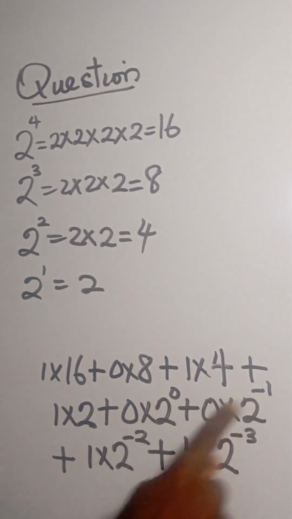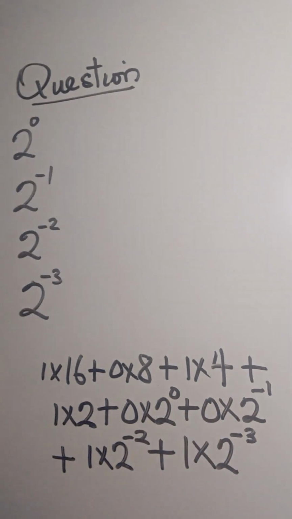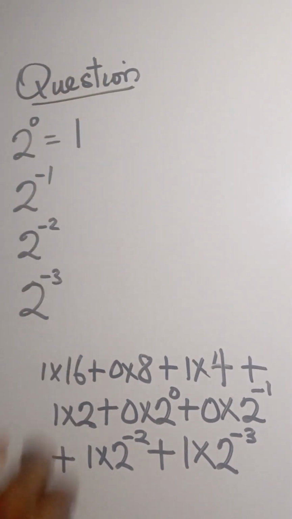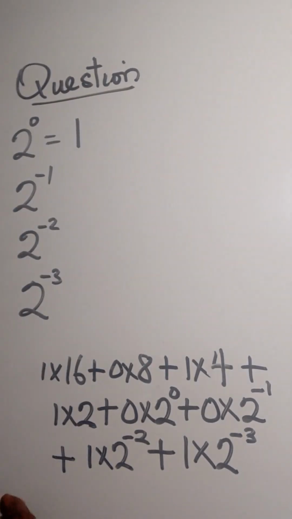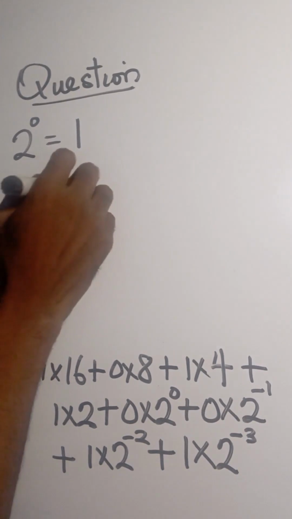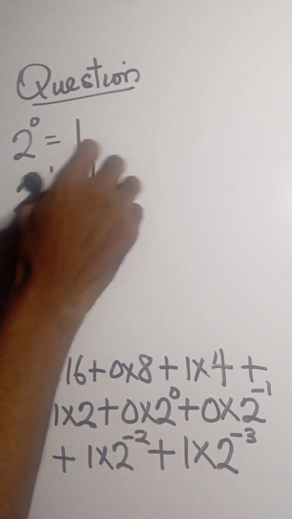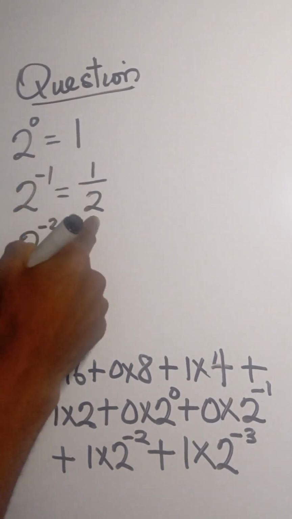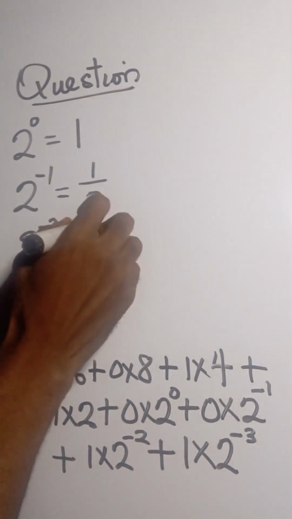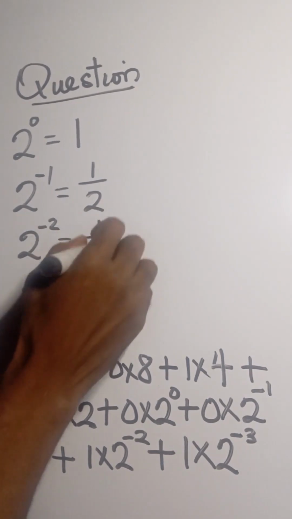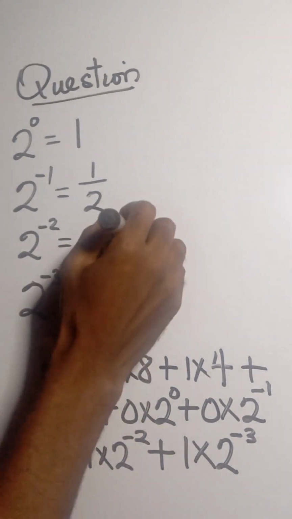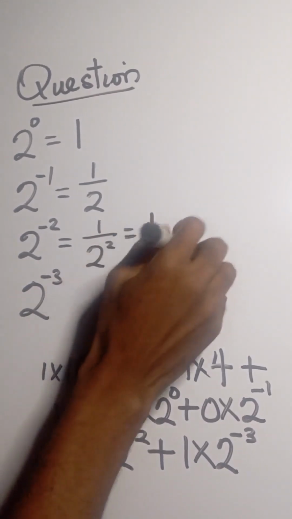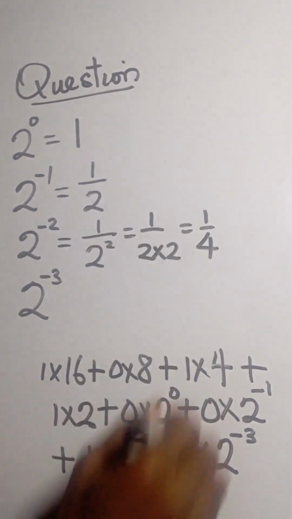Now we try the zero power and the negative powers. 2 raised to power 0, from the law of indices, means 1, because anything raised to power 0 is 1. What about this? I'm going to apply the inverse law: 2 raised to power minus 1 is 1 over 2. How about this? I have 1 over 2 raised to power 2, which means 1 over 2 times 2, so this is 1 over 4.